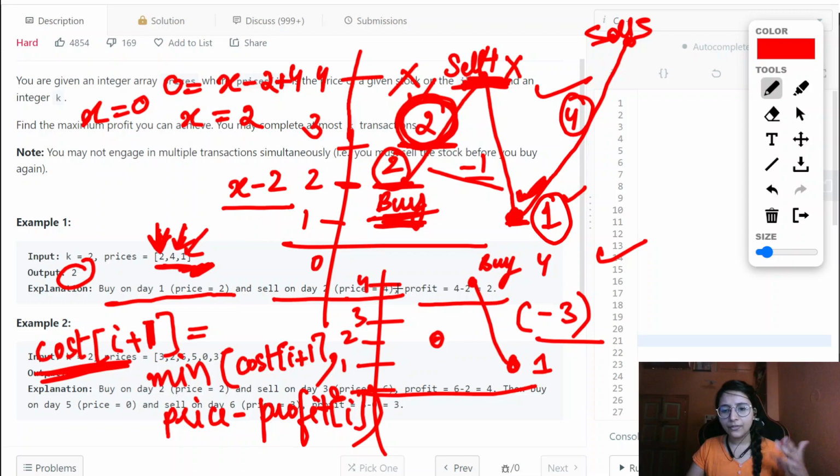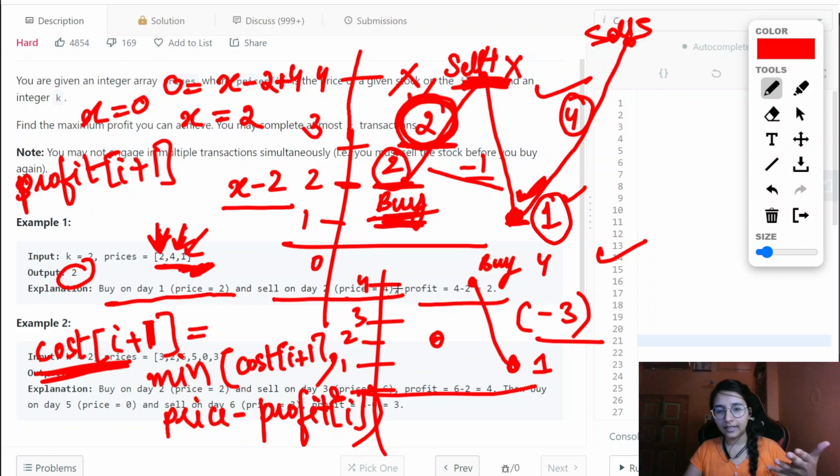Now comes the part for selling. For selling, again we will be checking the next one on the basis of profit, that is, what profit we will be earning. For the next point, we will check by the next transaction how much profit we are able to earn.